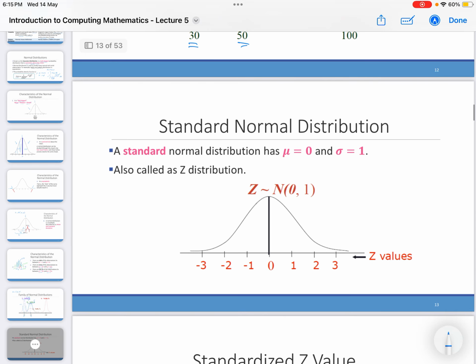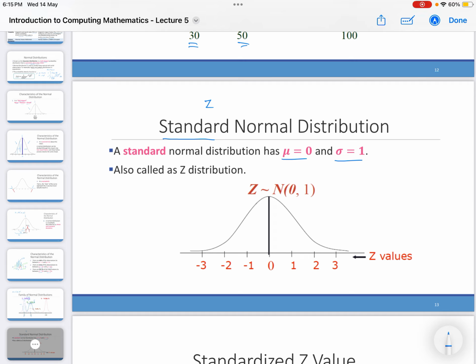Okay, so what is the difference from before? Before, this was the normal distribution. Right now we are looking at the standard normal distribution. When we say standard, we normally use Z instead of X. The standard normal distribution has mean equal to 0 and standard deviation equal to 1.